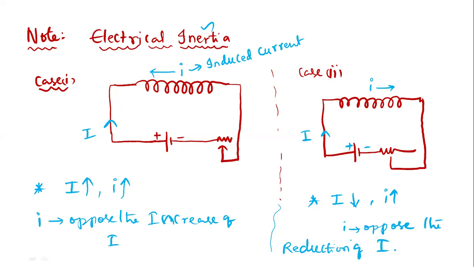What sort of property is this? It is the electrical inertia property. Got it? Whenever you are increasing, it will oppose. Whenever you are decreasing, it will oppose. Both ways it will oppose. Clear? Are you sure? Yes, of course. This is what happens in EMI. No doubt.